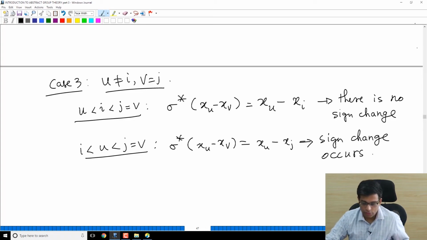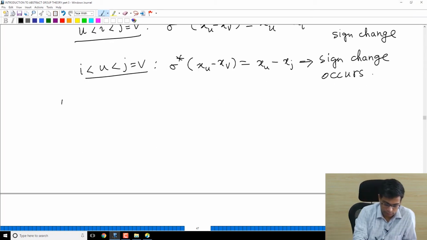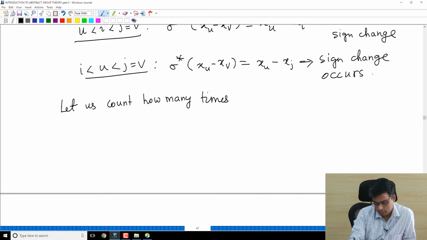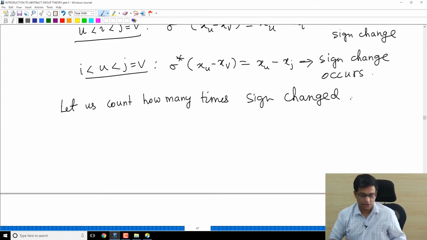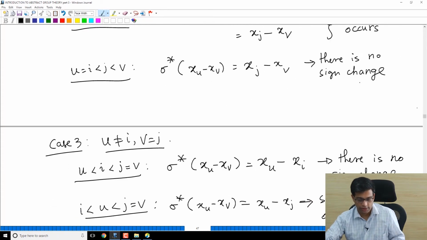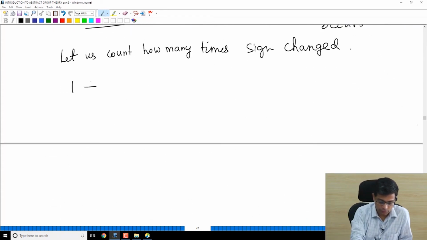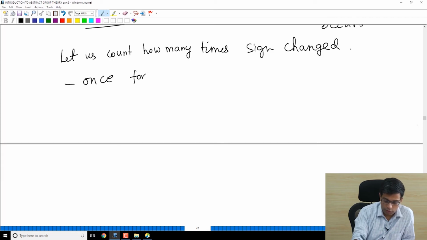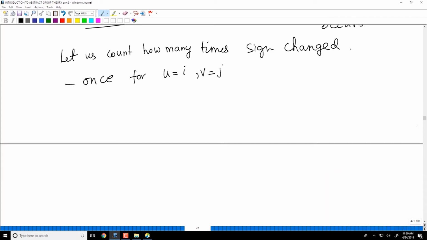Okay, so let's now count how many times sign change happened. Sign changed, remember, in case 1, that's one case, u equal to i, v equal to j, so that's once, for u equal to i and v equal to j.